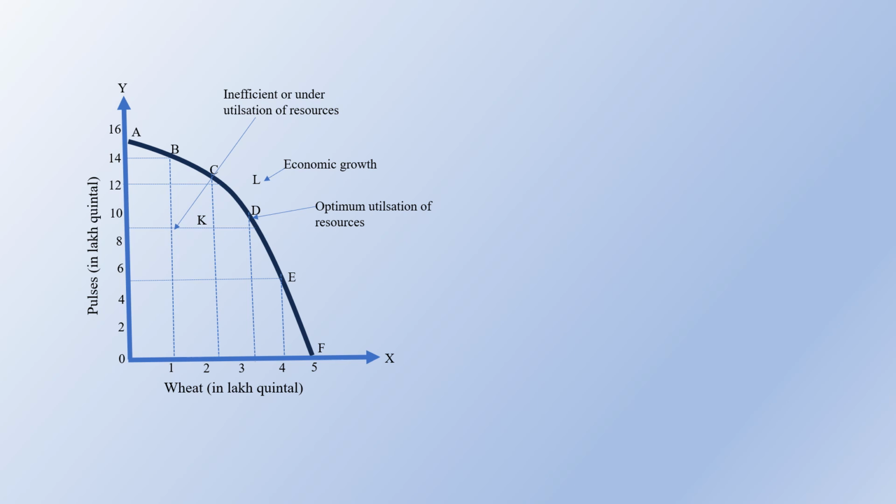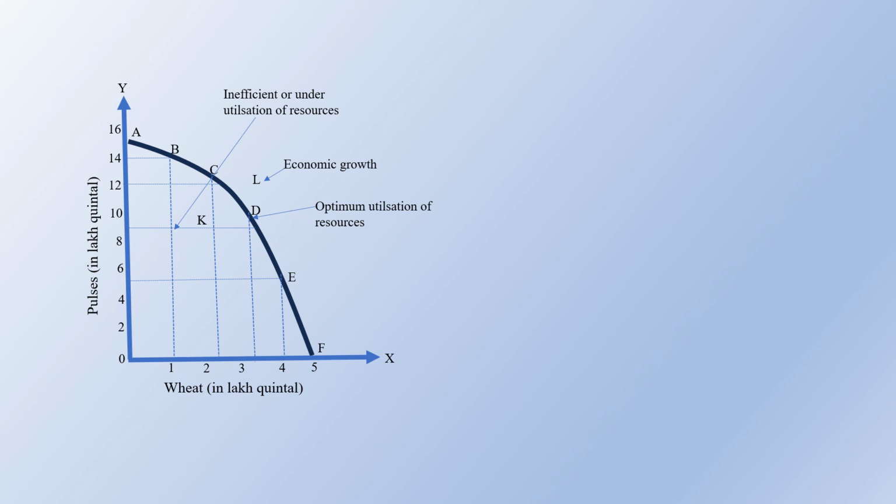It is so because the marginal opportunity cost tends to rise. Then in the given figure, point K is inside the PPF. That means it represents underutilization of resources, showing unemployment. Then the other point is an attainable combination of output.